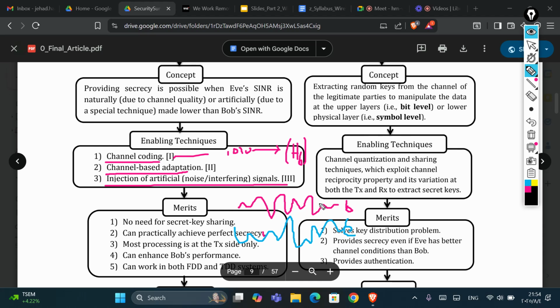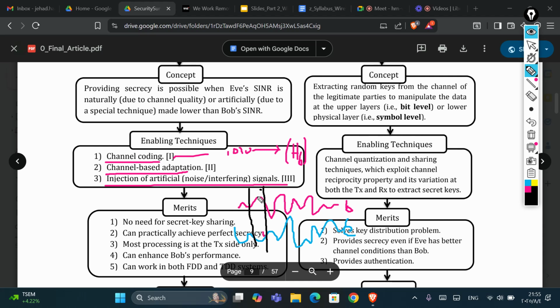As you can see, if we take a certain duration, let's say this duration here, we can see that the channel at Bob in this duration is better than the channel at Eve. Eve's channel is degrading, it's going down, which means if you transmit any signal over this period, your signal power will most probably get reduced because the channel is acting like a suppressor, while Bob's channel here is getting amplified.